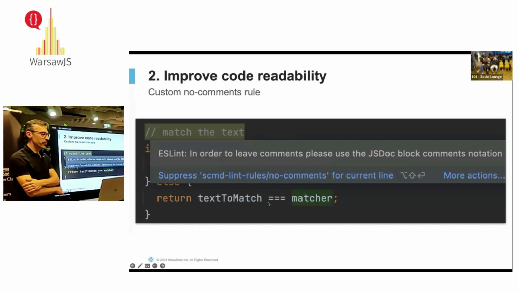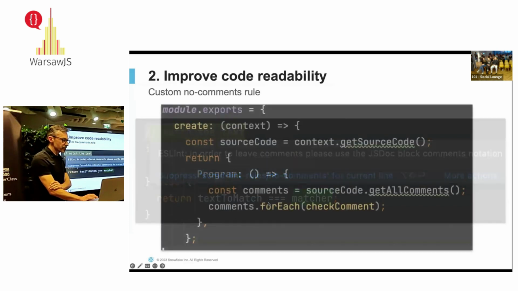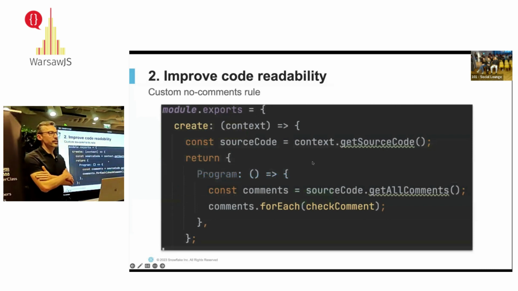So we didn't allow that kind of comments, but block comments were okay. And we also created a rule for this. There are some existing rules that can achieve something similar, but we had the problem with separating block comments from other comments, so we have to create a custom rule.